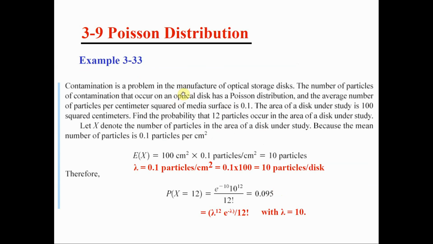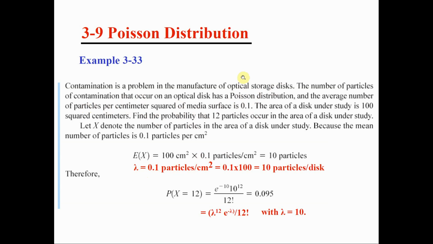What else is given in the question? We say the following: the average number of particles per centimeter squared of the surface is 0.1. So what can we say here? This is our lambda. But what is the unit of this lambda? Lambda is equal to 0.1 particles per centimeter squared of the CD or optical storage disk of study.